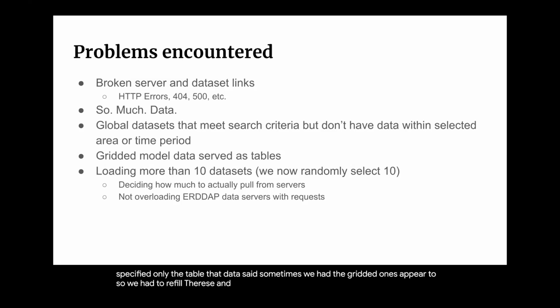After doing all of this, for the moment we only load a maximum of 10 data sets randomly from all the different ERDDAP servers we've assembled. We don't want to overload the ERDDAP servers, so we don't get any angry people.